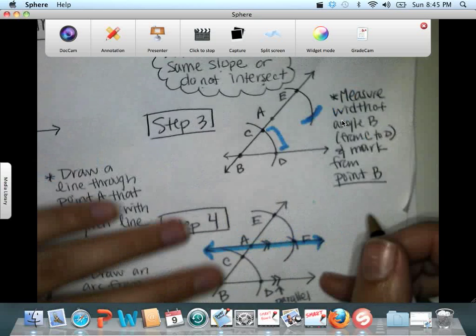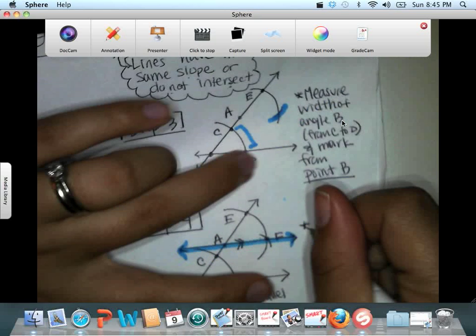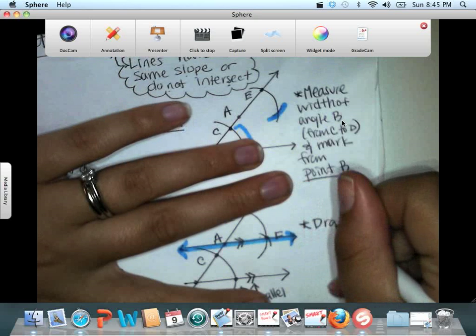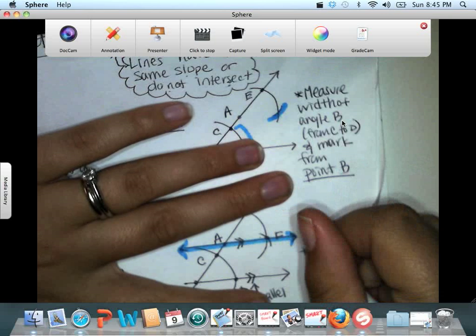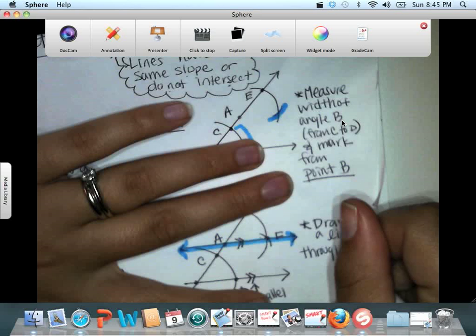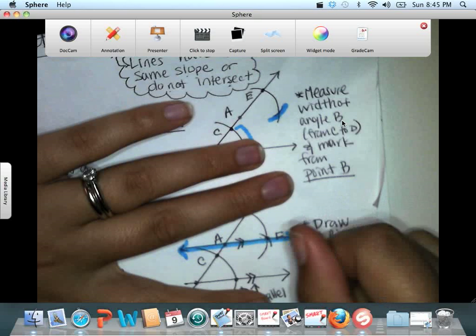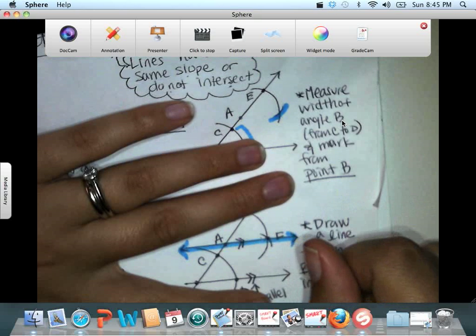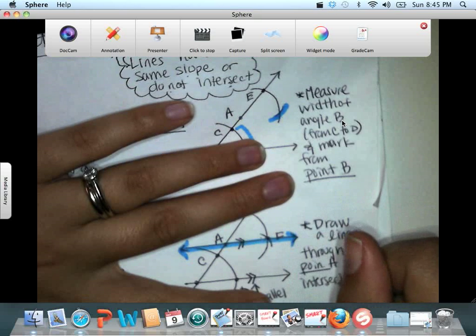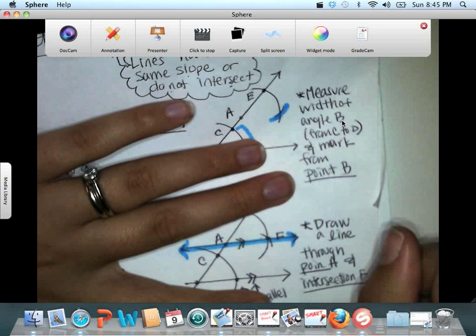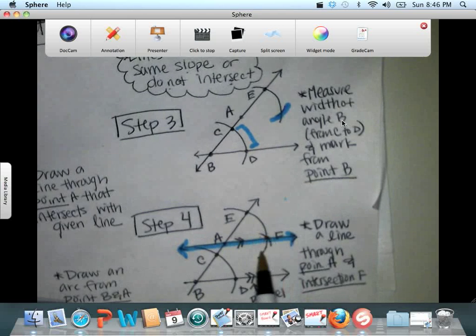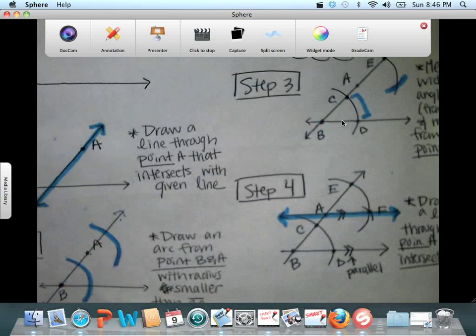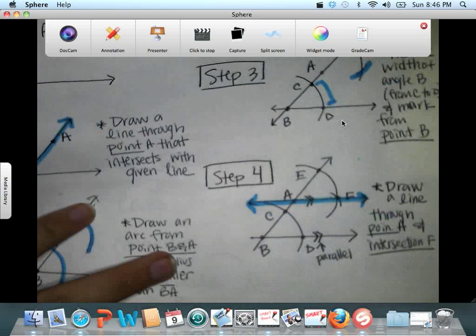Okay, so what we did here was draw a line through point A and intersection F, right? Through this X that it created. Okay? Now, this is what it's going to look like.